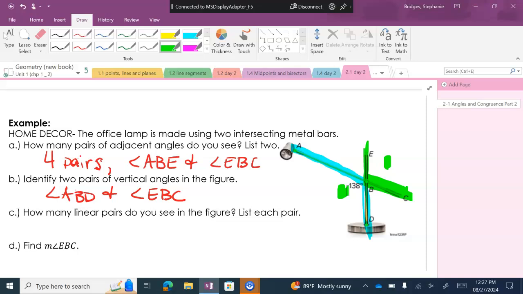And I only want you to do part of question C. Just answer the first part. How many linear pairs do you see in that picture? Don't say it out loud. Write it on your piece of paper. That's the only part of that question I want you to answer.